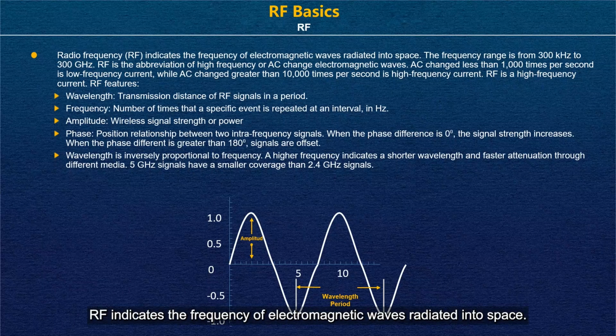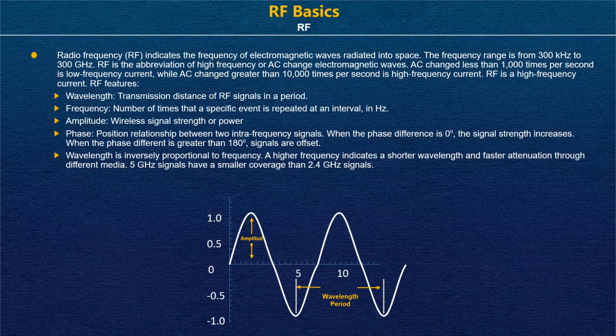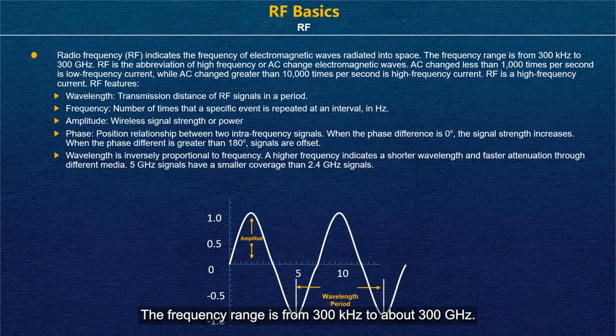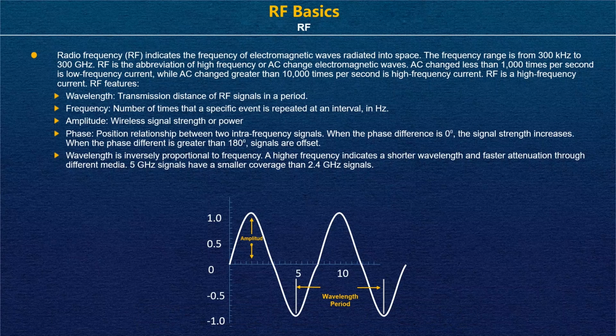Radio frequency, RF, indicates the frequency of electromagnetic waves radiated into space. The frequency ranges from 300,000 Hz to about 300 GHz. RF is an abbreviation of high frequency or AC change electromagnetic waves.